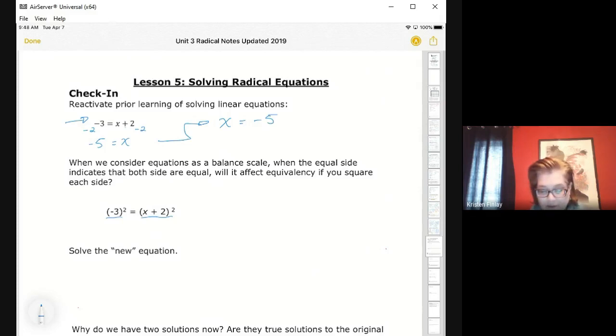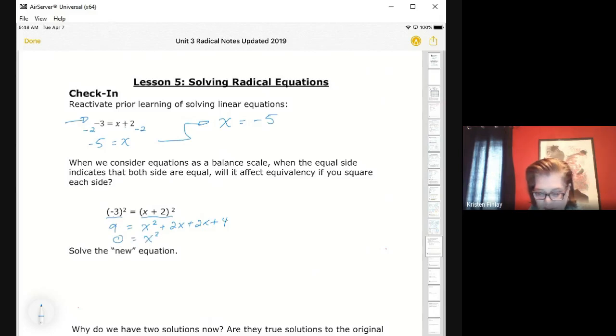So -3 squared is 9, -3 times -3. And on this side, I'm going to have to FOIL, right? So I would get x squared plus 2x plus 2x plus 4. That's using FOIL. So then I want to move this 9 over.